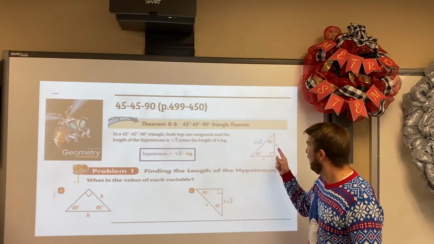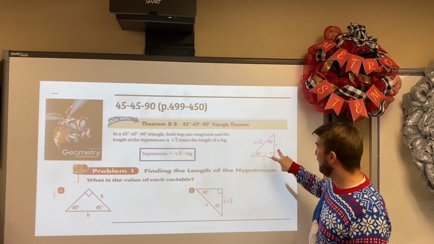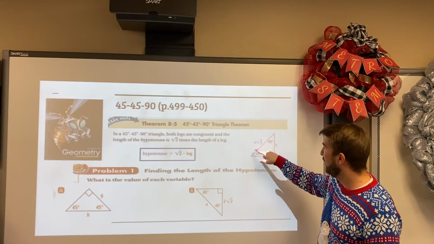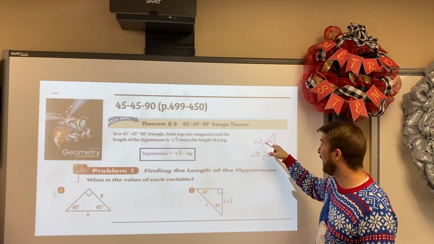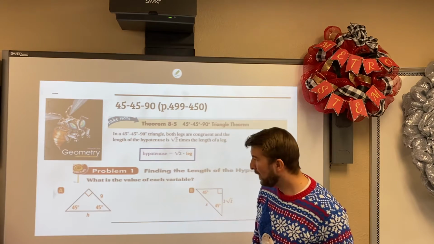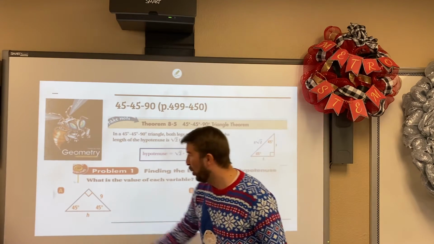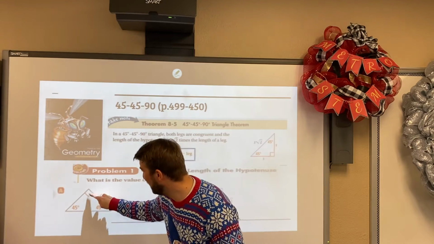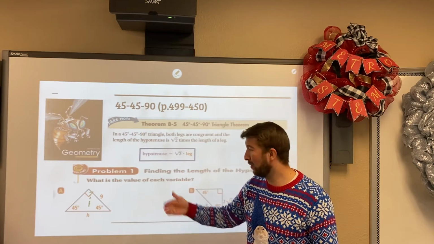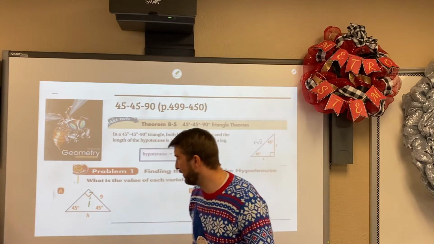So, we have an example over here. The sides that are adjacent are the same, and then you just multiply by radical 2 for the hypotenuse. So let's look at this example here. We need to determine what h is. You'll notice h is opposite of the right angle, and so that is the hypotenuse.